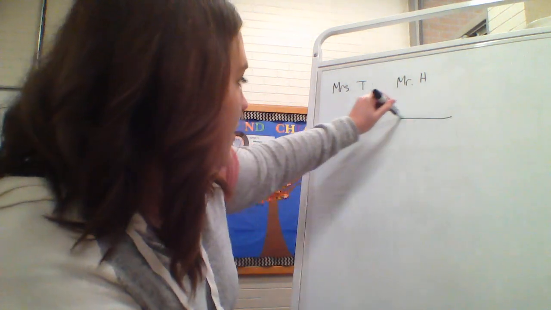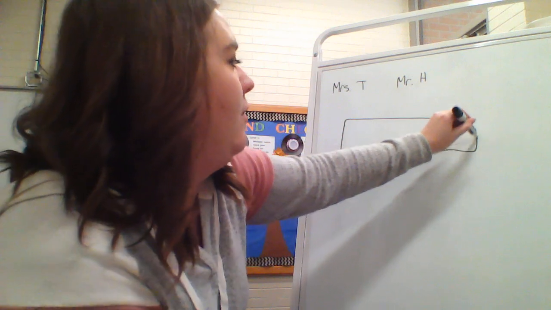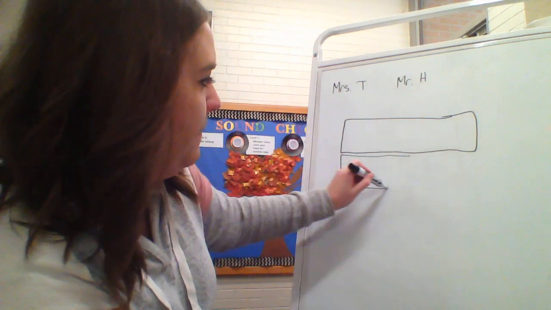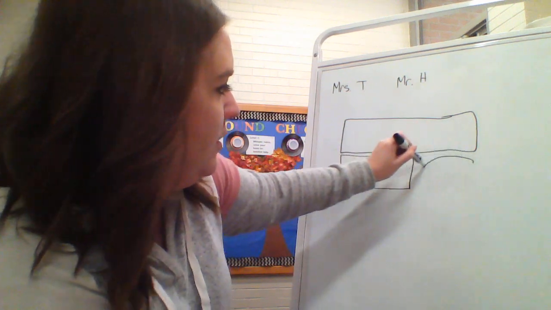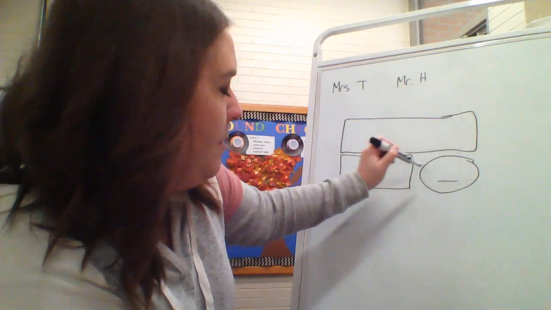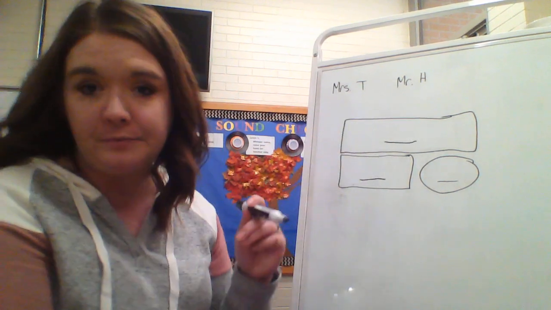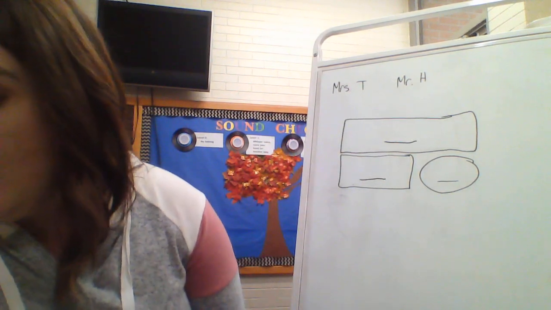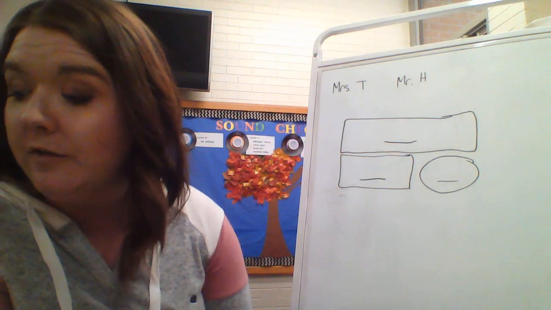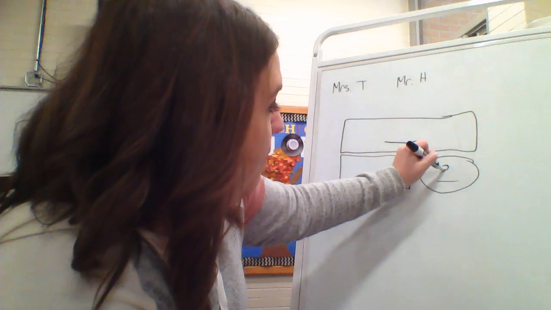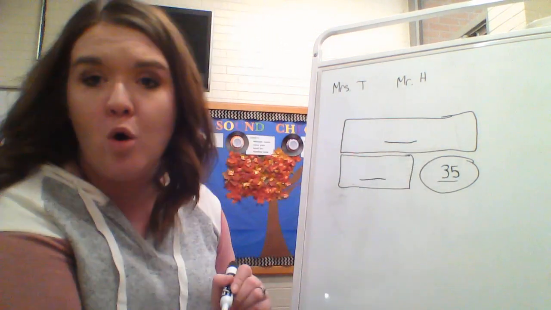How many muffins did Mr. Hero make? So again, I have my comparison bars. You can follow along with me and draw them. Okay, and I know that this is going to be more or less. This is one person and this is the other person. Okay, so Mrs. Tan made 82 muffins. This was 35 more. So who made more?